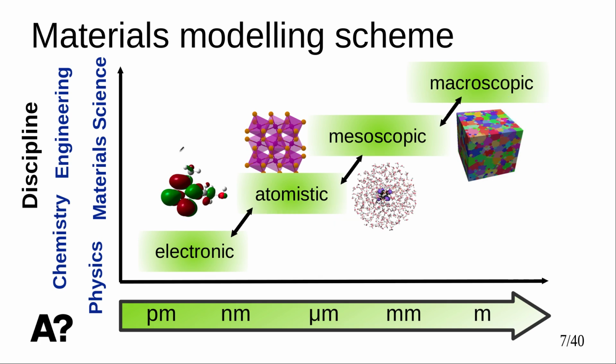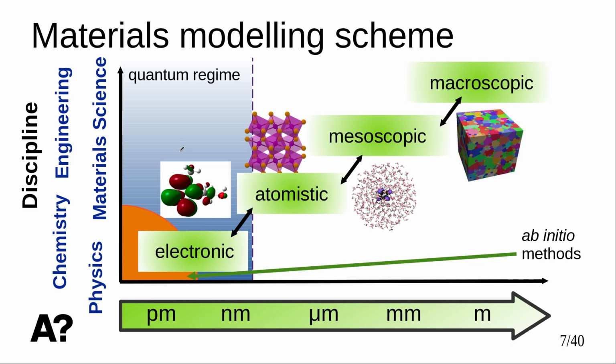So the first thing is we have ab initio methods, sometimes also called wave function methods. Those are there to simulate electronic properties, and they take quantum effects completely into account. So their modeling takes place entirely in the quantum regime.